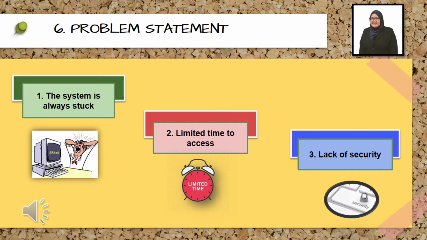Lastly, lack of security. This system provides a student ID and password before a student can access the next step for registering college. But this system is not secure because when someone knows the student ID and password, they can access it easily without being known by the actual holder.